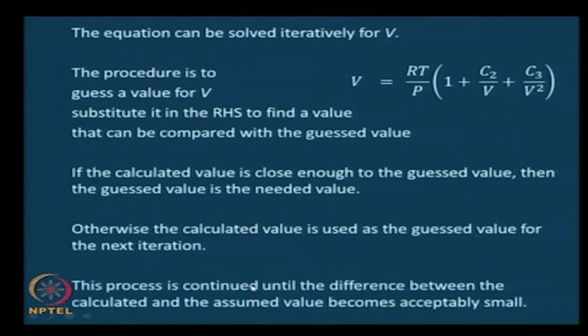The process is continued till the difference between the calculated and the assumed value becomes acceptably small. Okay. Please go ahead and do this. Try doing it for about 5 steps, that is a hint. When we begin the next class, I will give you the complete solution.